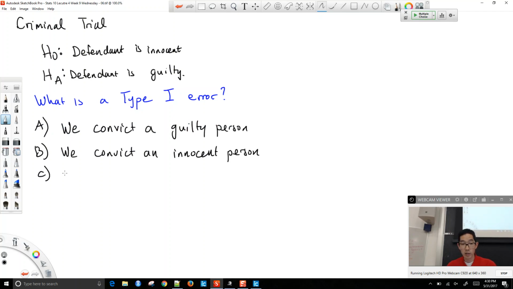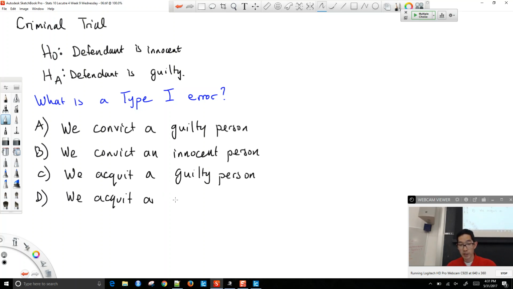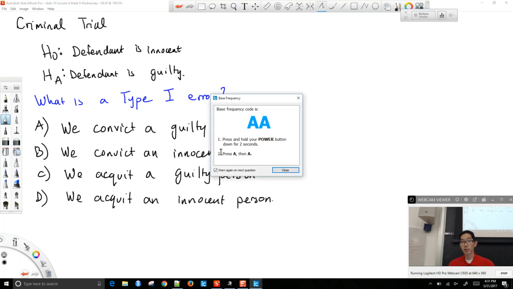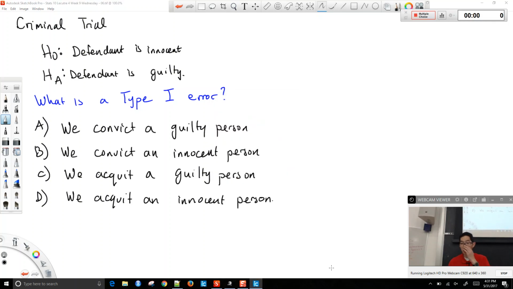We acquit, which means you say not guilty, a guilty person, or you can acquit an innocent person. If you want to talk to your neighbor about which of these answers is the correct one, you can do that.